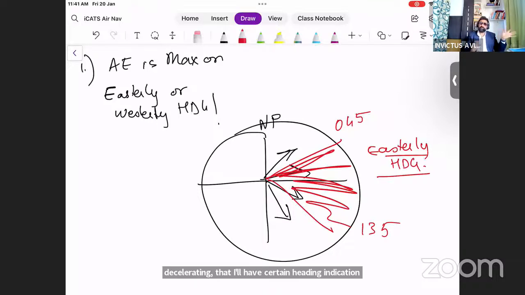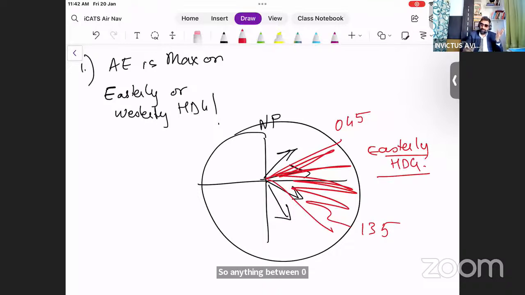I have to be aware of it and account for whatever errors are there. I should depend on my magnetic indication only when I'm in steady flight without any acceleration or deceleration. So anything between 045 to 135 majorly will be easterly.